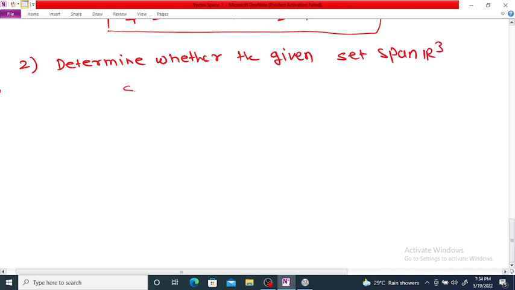So S is equal to {(2, 2, 2), (0, 0, 3), (0, 1, 1)}.